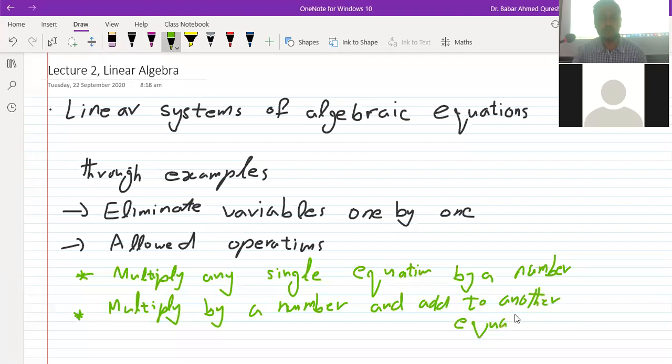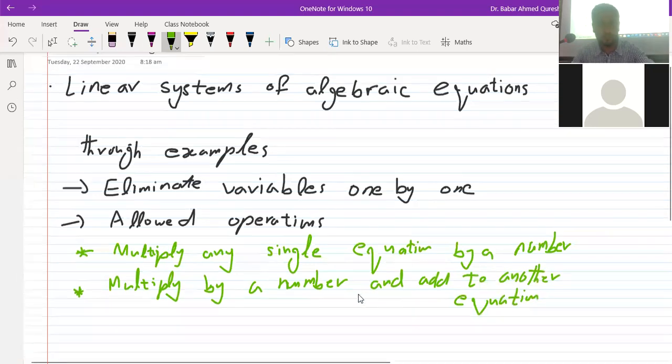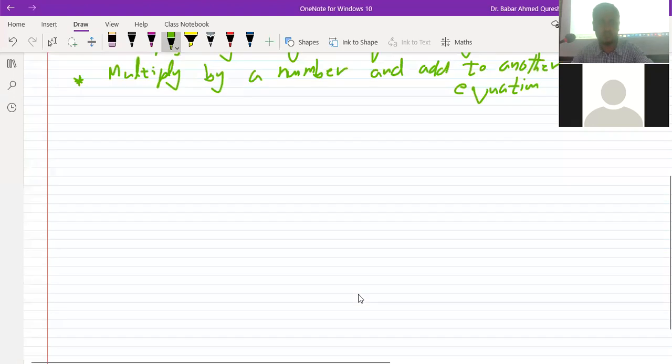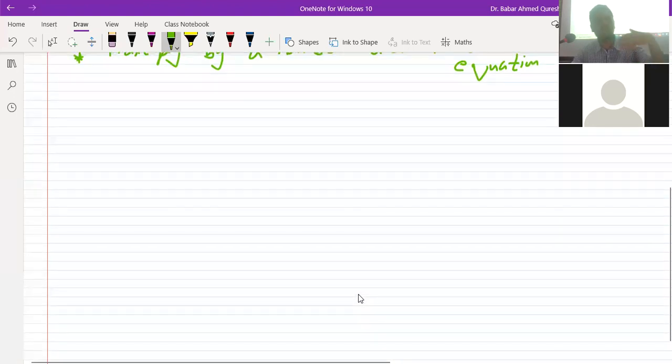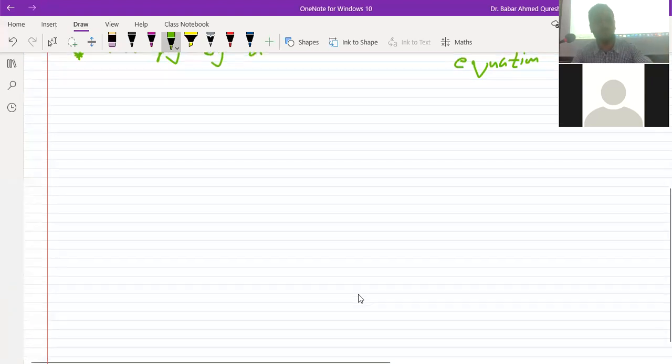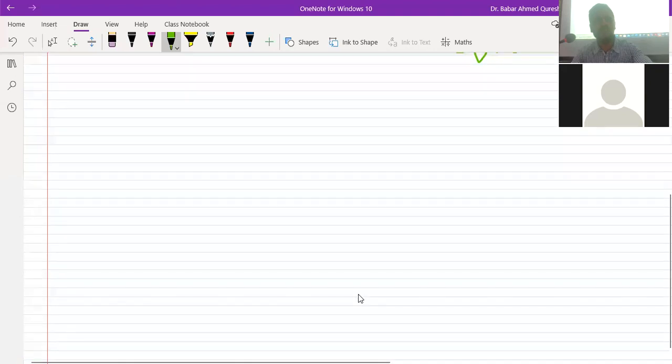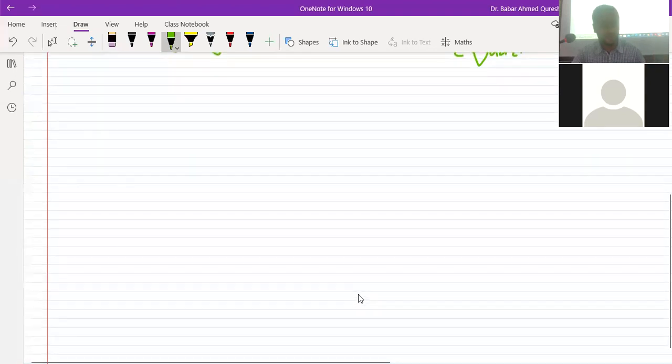So take one equation, multiply it with any number you like, and add it to another equation. So these are the allowed operations. It doesn't change the system. You start generating new equations that are equivalent to your original system. Nothing has changed. The new equations are also statements about the same variables.